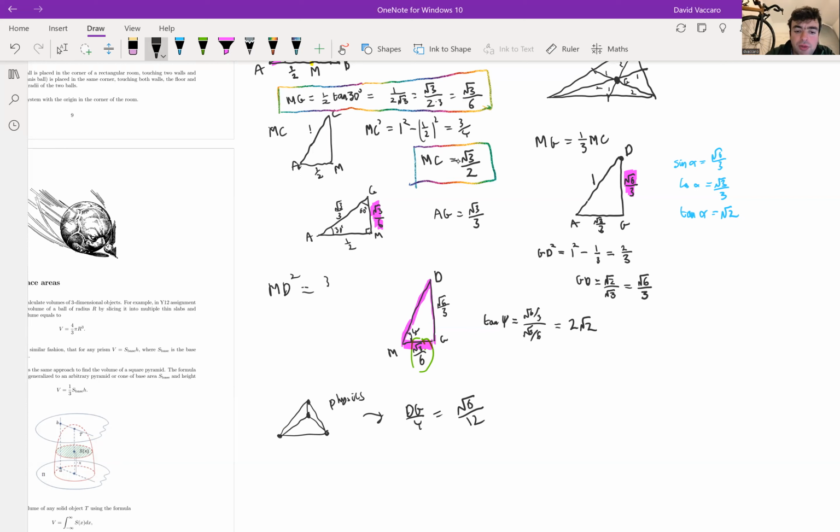So that's 3/36, so that's 1/12. Plus √6/3 squared. So that's 6/9, so that's 2/3. And then if we make a common denominator, that's 9/12. So MD is the square root of that. So that is 3 times 2 root 2 over 4... so that's 3 root 2 over 4.